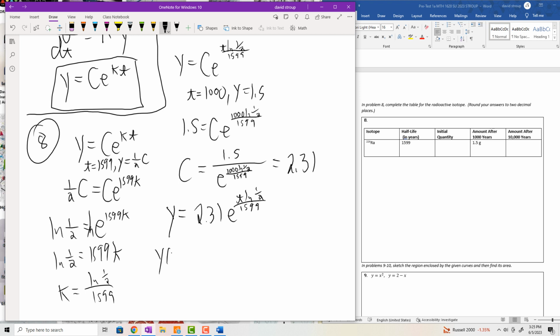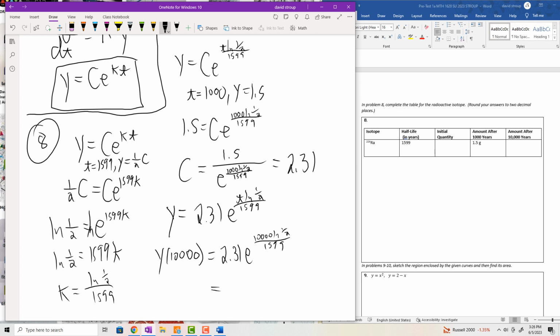So the only other unknown is this last column. What is y when t is about 10,000? And that's just really plug and chug. Right? So you dump that into your calculator and see what you get. Let me do that real quick. If you can find the button.